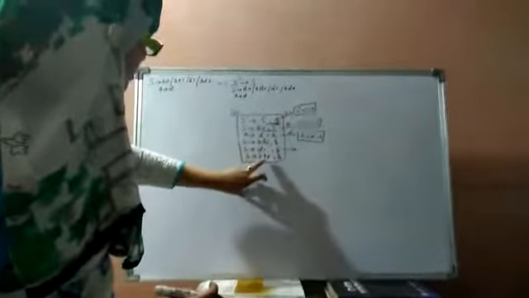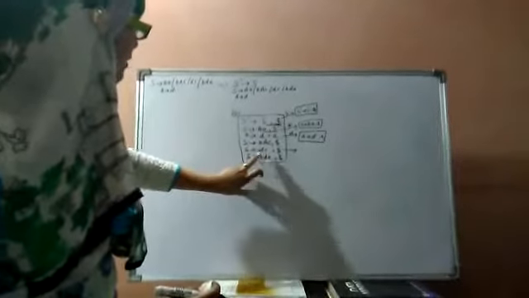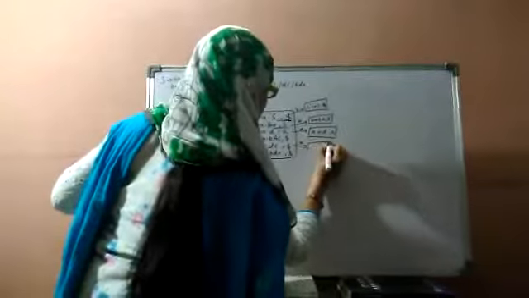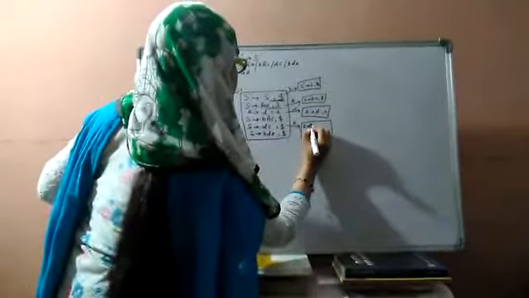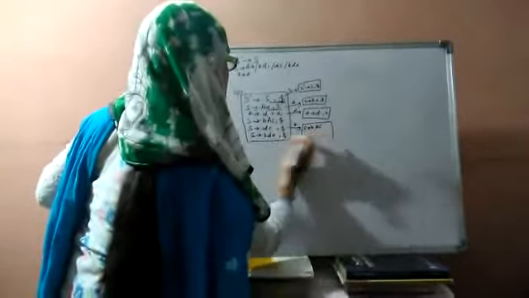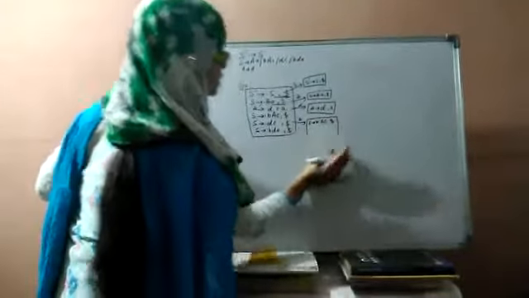So from B we can move the dot, B dot AC and dollar.